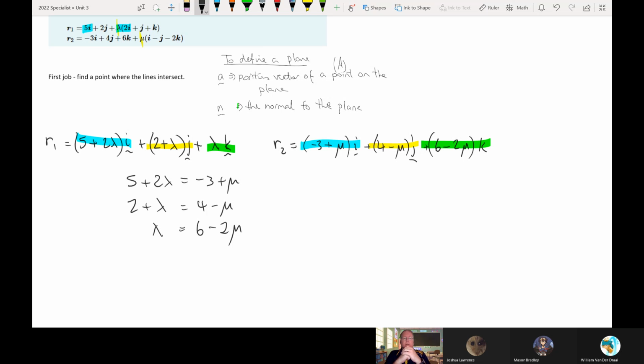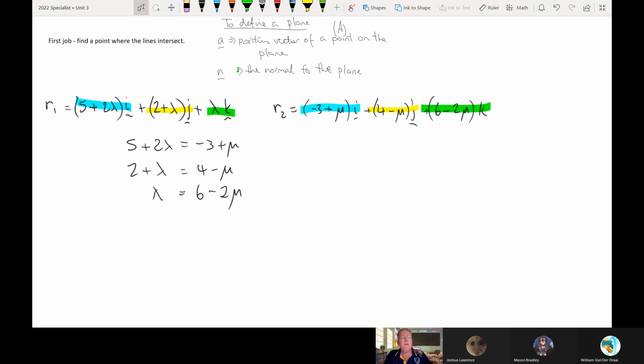So what we need to do is solve for lambda and hope that we get the same point when we have lambda and mu. So let's see what we do. I'm going to rearrange them into equations and then solve them. I already know that lambda is 6 minus 2 mu, so I'm going to call that equation 1 and substitute it into here.